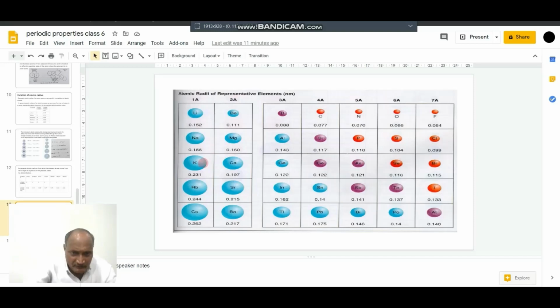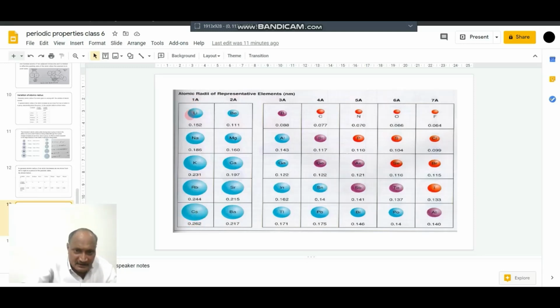Again, an extra shell is added from sodium to potassium, again at rubidium, and one more shell at cesium.